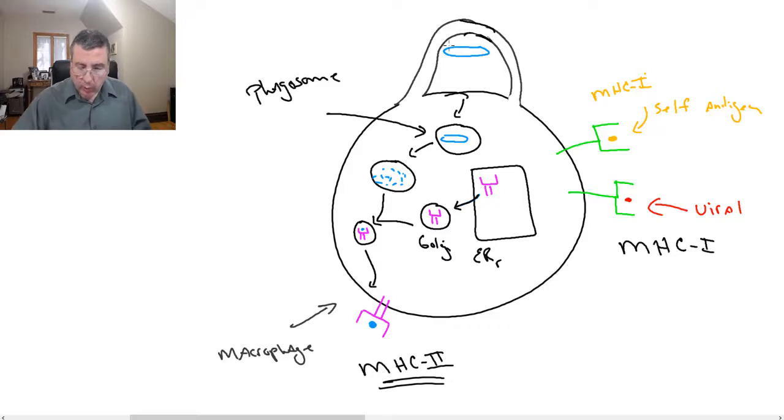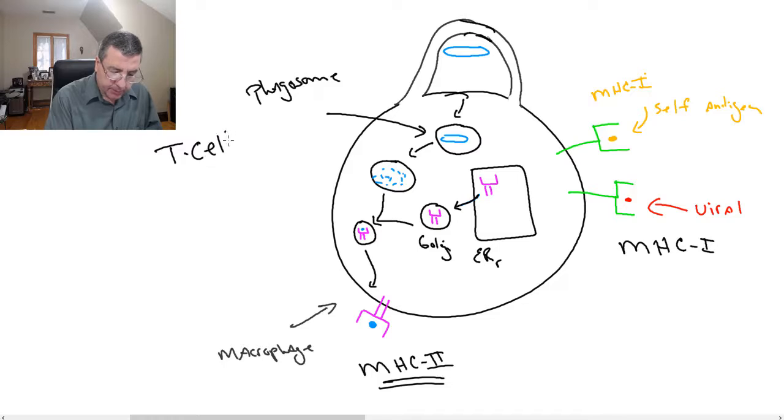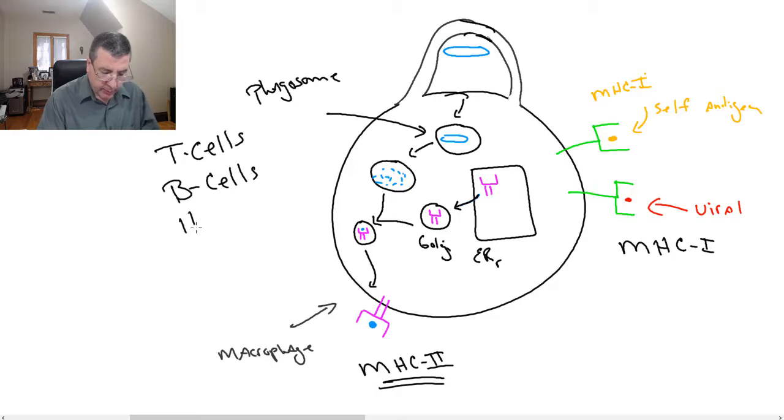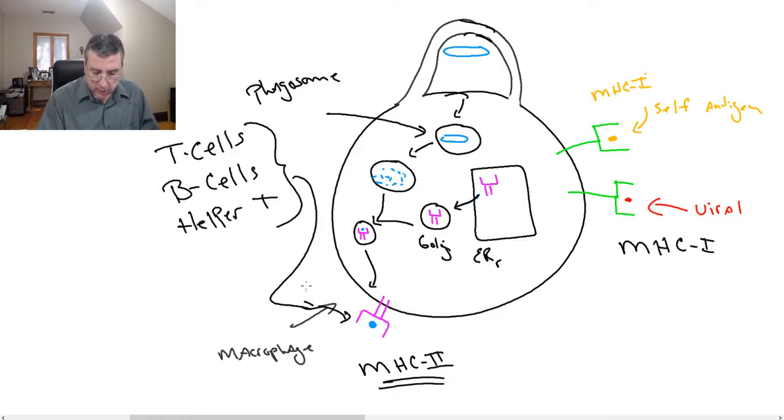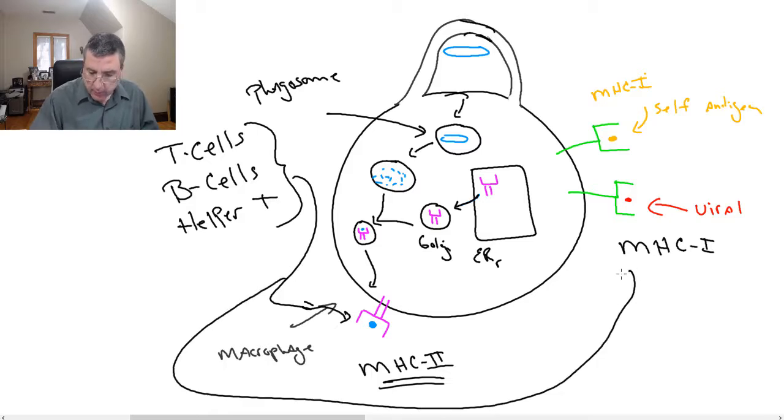At this point, you are going to have T cells, B cells, helper T, all three of these basically coming around checking those out. They're checking to see, hey, do you belong in here or not? If you belong in here, you're good to go. If you don't belong in here, we're going to destroy you. So that's the basic idea of this.